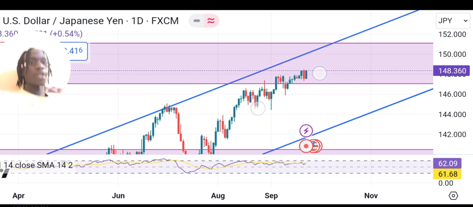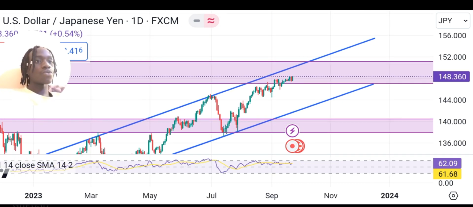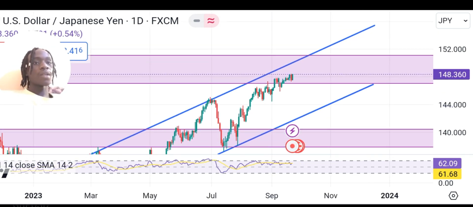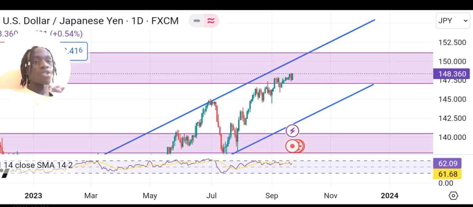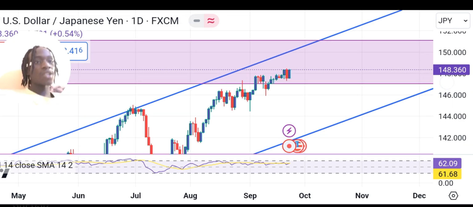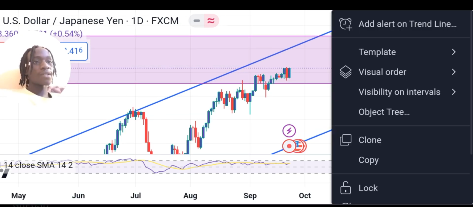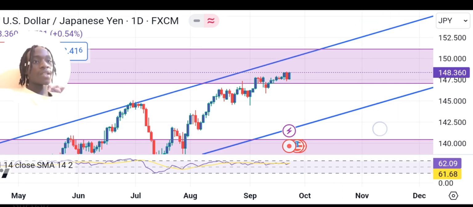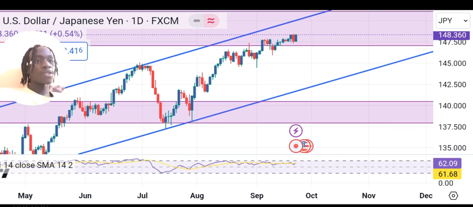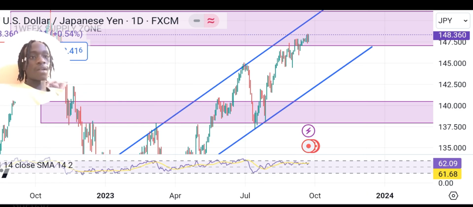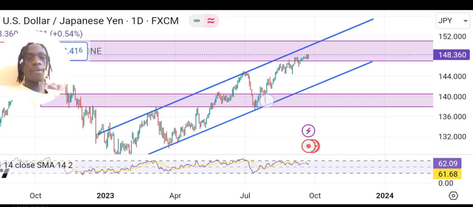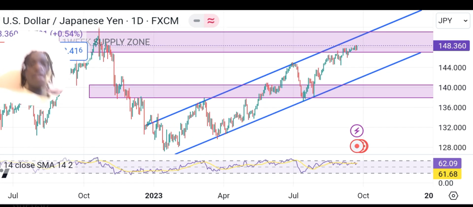Then we can drive the market maybe to this previous demand zone, or maybe you can place your first take profit at the trend line here. To be safe, you can place the first take profit at the trend line, then the second take profit you can place at this zone, and we wait and see what the market does.